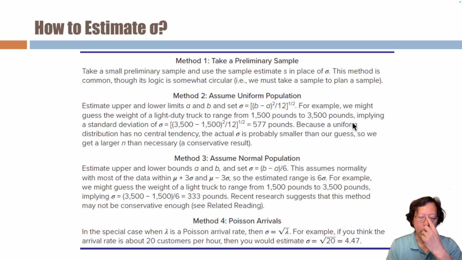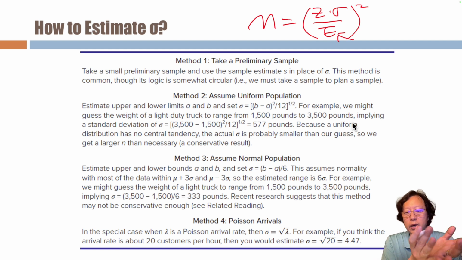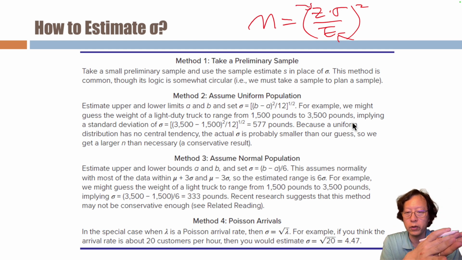So now when we're trying to find the sample size, our formula is n equals Z times sigma over E, squared. Let's say E is a given number, we have a desired margin of error, and Z is given by our confidence level.